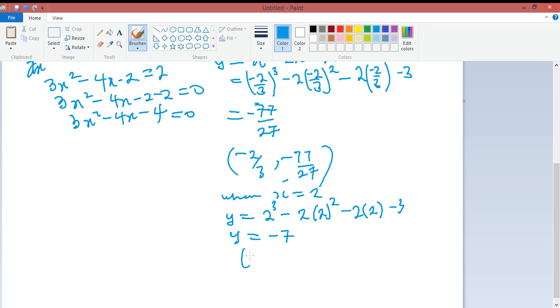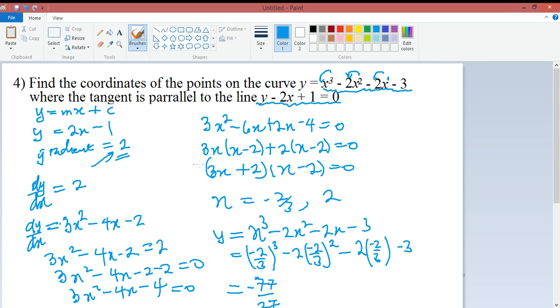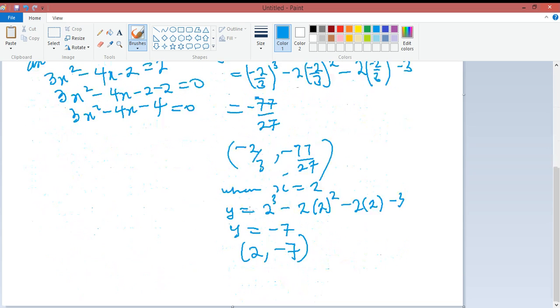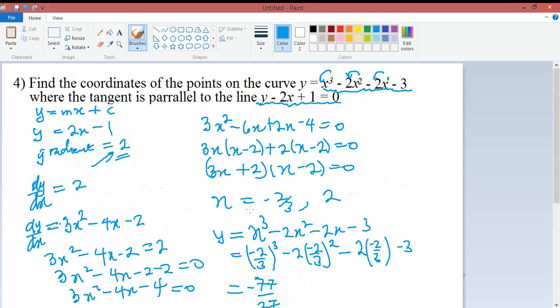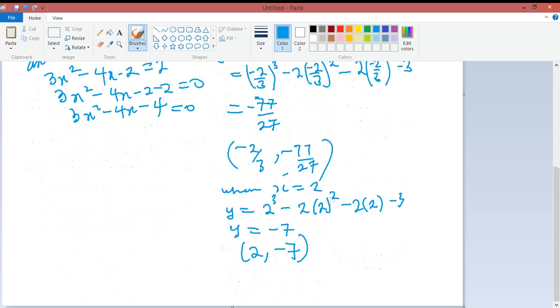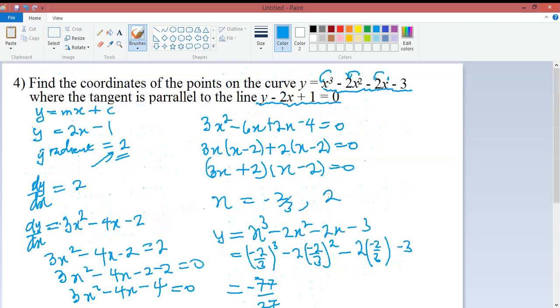So we'll get the coordinates 2 comma negative 7. So these are the coordinates where the gradient of the tangent is parallel to the line y minus 2x plus 1 is equal to 0. So take note, I'm going to give you some few questions for you to try at home and submit within the course of the day for marking.